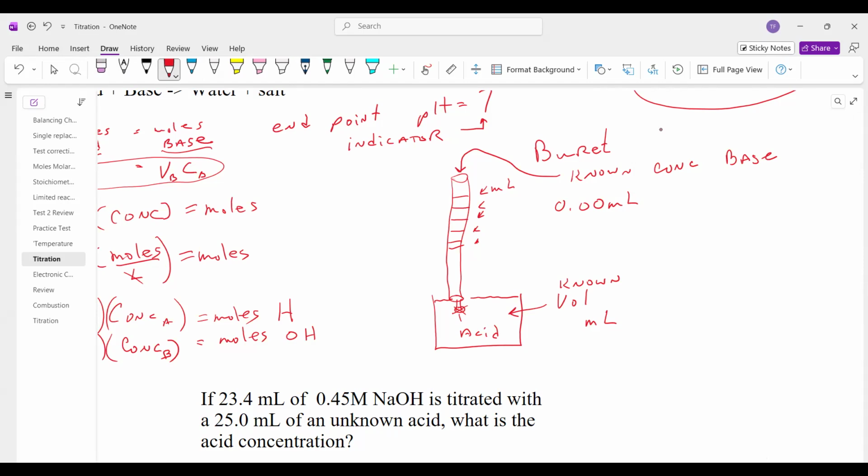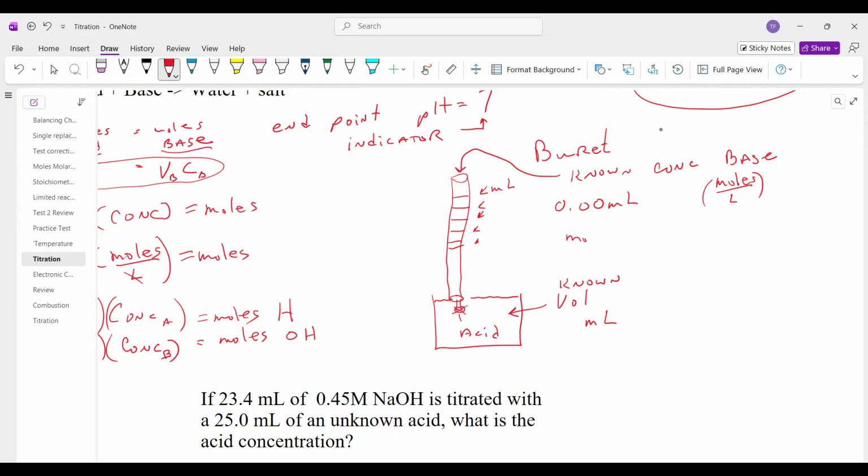Down here, we've got an unknown quantity of acid. We don't know its concentration. We do know the concentration of the base, which is going to be in moles per liter. The burette measures milliliters. So once we know the milliliters that neutralize the acid below, we can calculate the moles of base.